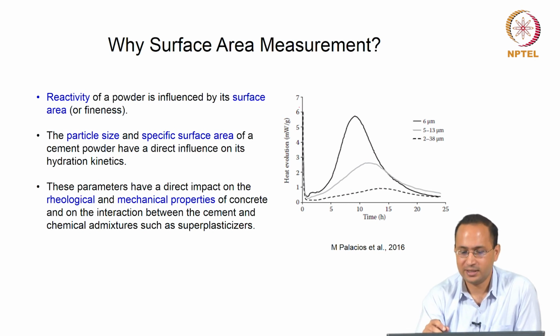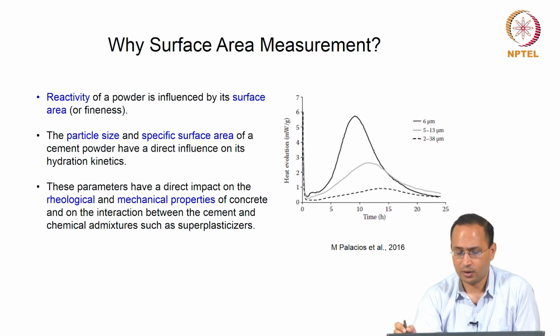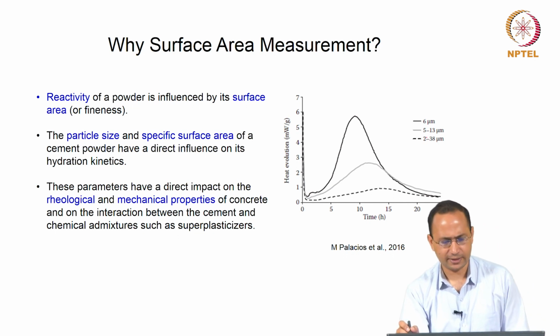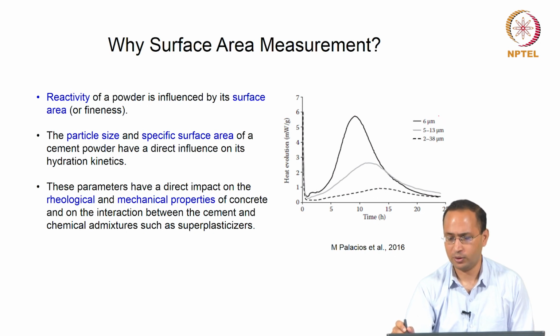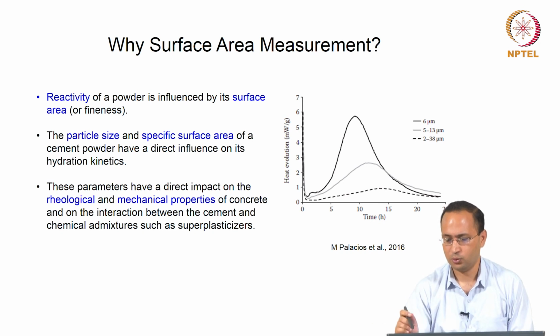So as you see in this plot, there are three different types of, in this case, C3S, alite, tricalcium silicate powder of different particle sizes. In one case it is around 6 micron, then 5 to 13 microns and 2 to 38 microns.